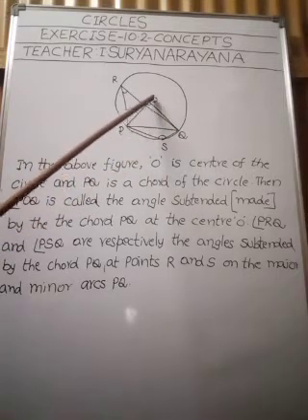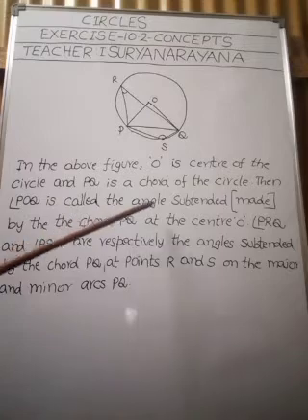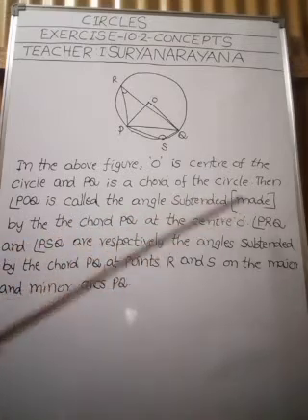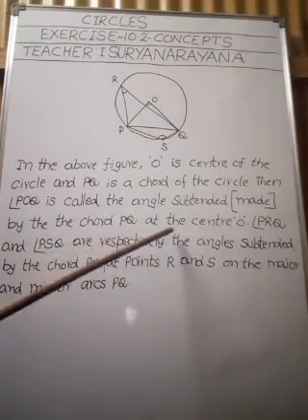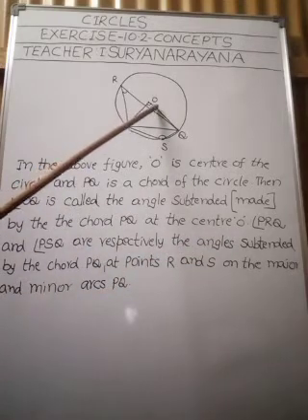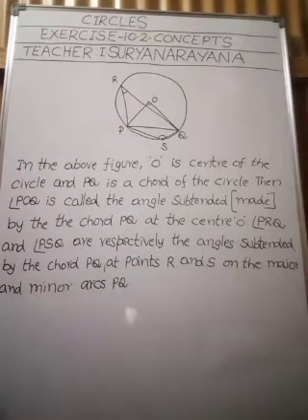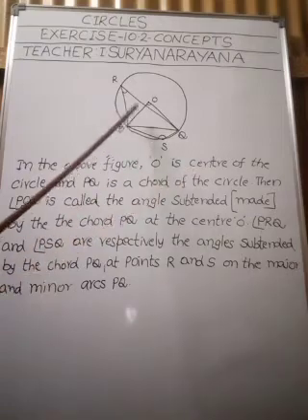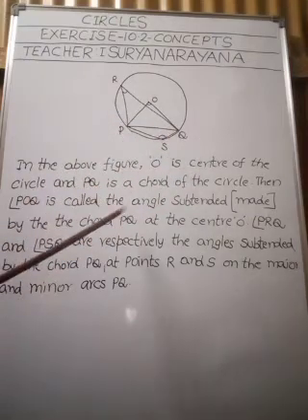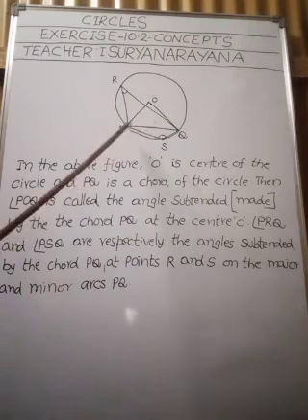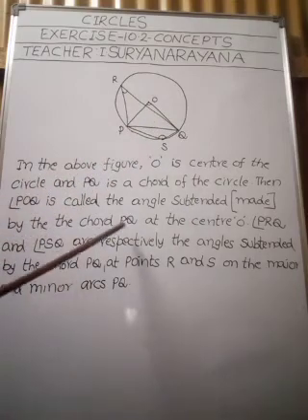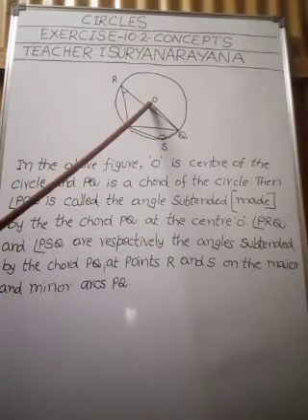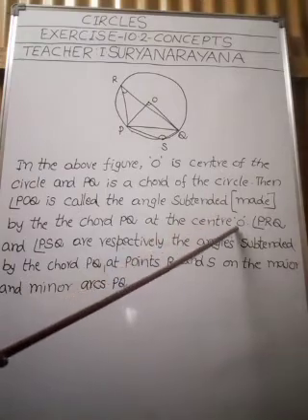Then angle POQ is called the angle subtended or made by the chord PQ at the center O. Same as the previous point, we are connecting that previous knowledge to this concept. So, angle POQ is called the angle subtended or made by the chord PQ at the center O. Understood this point, my children?